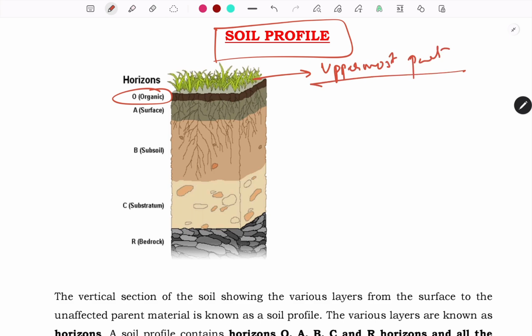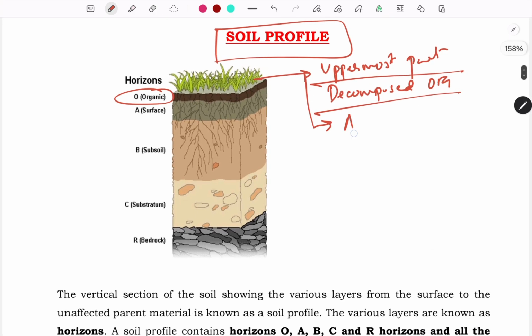It is formed by freshly decomposed organic matter, and it is absent in arable land.